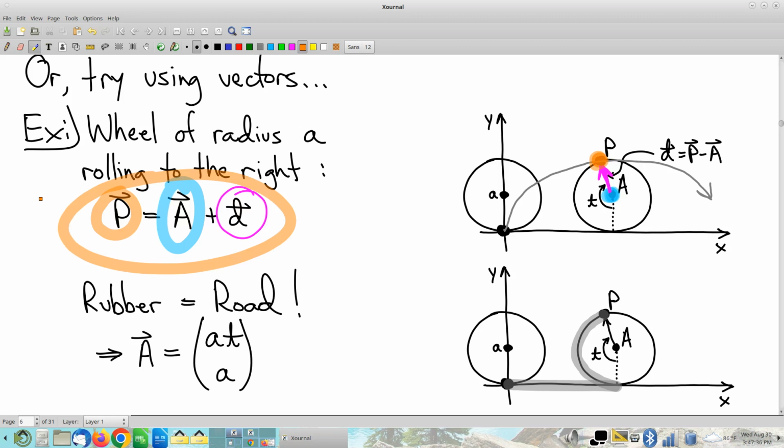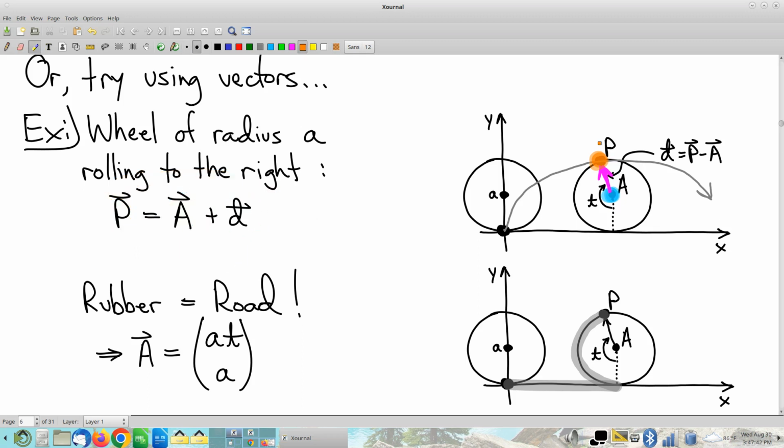Okay. All right, now before I get started, one other detail I want to talk about, and that is what is going to be our parameter. We need position as a function of a parameter. I am going to think of the parameter as being time, but what on this picture do I want to make it equal to? You have a lot of choices here. If you wanted to, you could view this distance here, how far the bike has rolled.